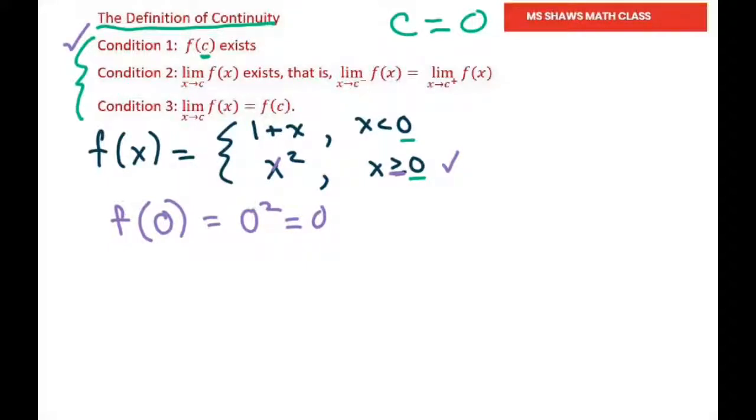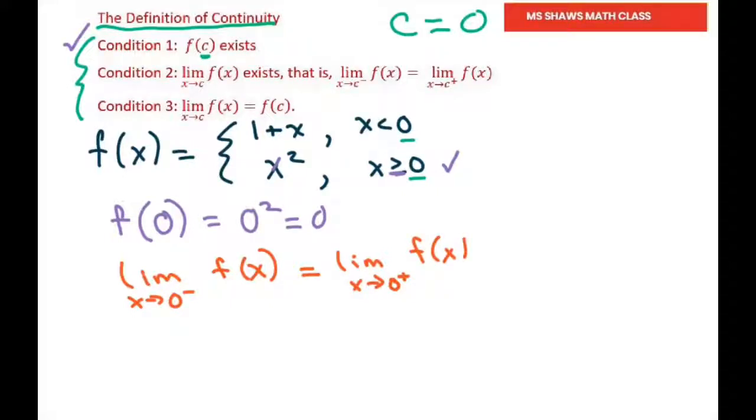For condition 2, the limit as x approaches c, or 0, from the left of our function should equal the limit as x approaches c, which is 0, from the right of our function.